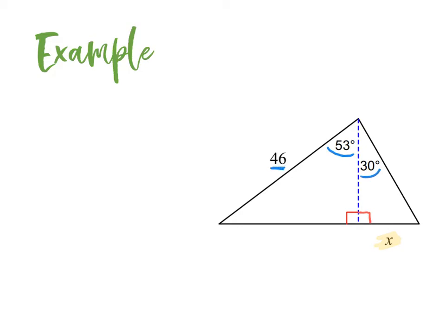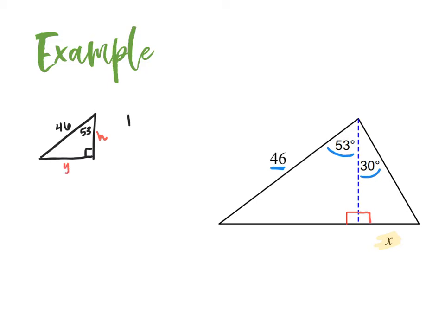So I'm going to split this into two different triangles. I've got a right triangle that has an angle of 53 and a hypotenuse of 46, and I can solve this by using trig functions. I can solve for this piece right here, which is the height of my overall triangle, and this piece right here, which we'll call y.